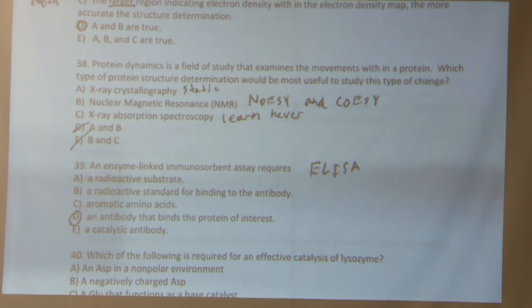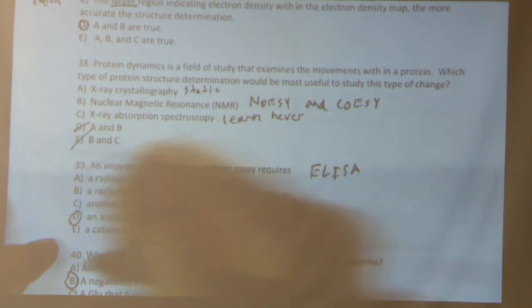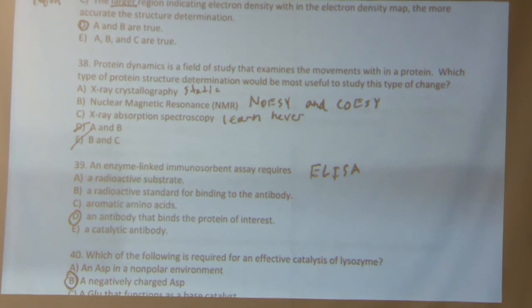So 40, which of the following is required for effective catalysis of lysozyme? B. What do we think? She counted B and C. I have B being the correct answer, because if the glutamic acid is a base, what does that mean about the charge? So the glutamic acid acts as a base at the end?